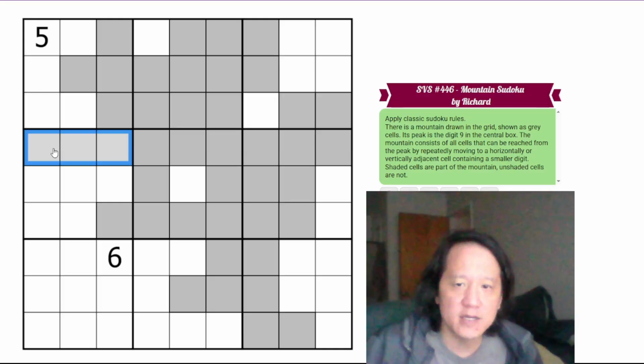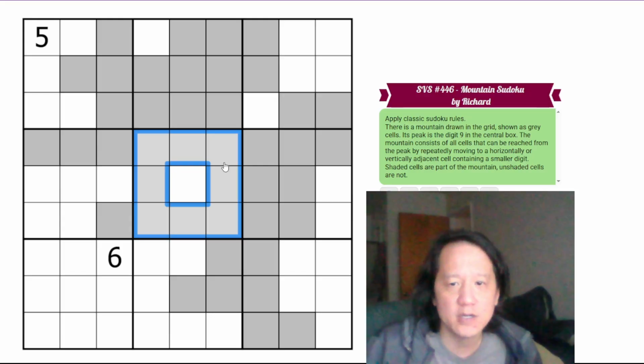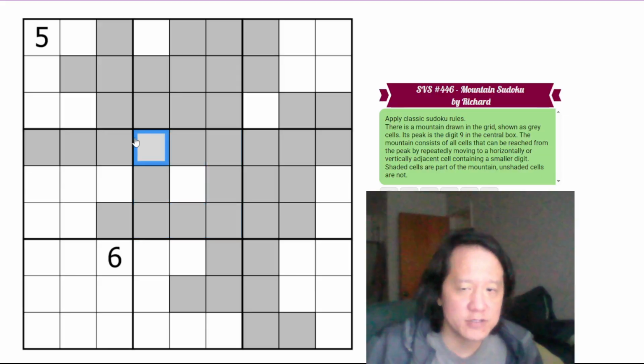Its peak is the digit 9 in the central box. The mountain consists of all cells that can be reached from the peak by repeatedly moving to a horizontally or vertically adjacent cell containing a smaller digit. Shaded cells are part of the mountain, and unshaded cells are not.